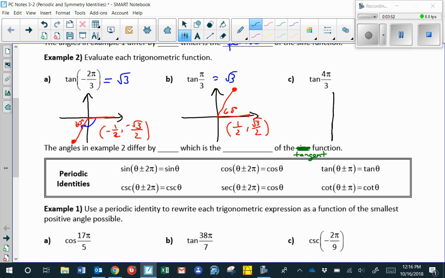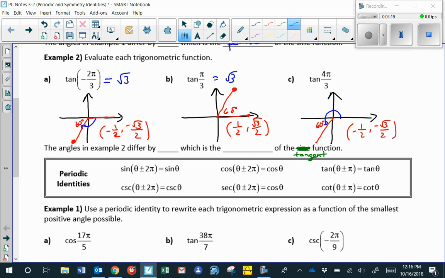And lastly, let's draw 4 pi over 3. 4 pi over 3 is a counterclockwise direction angle. 4 pi over 3 is pi over 3 greater than a half turn. So that again gives us that 60-degree reference angle. Coordinates of the point where that terminal side intersects the unit circle are negative 1/2 comma negative square root of 3 over 2.